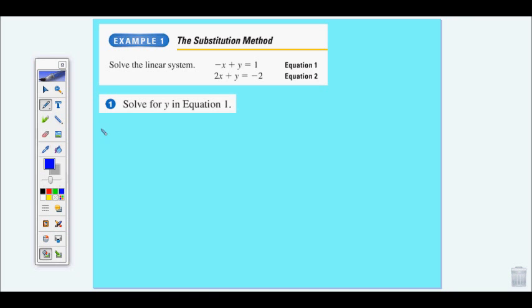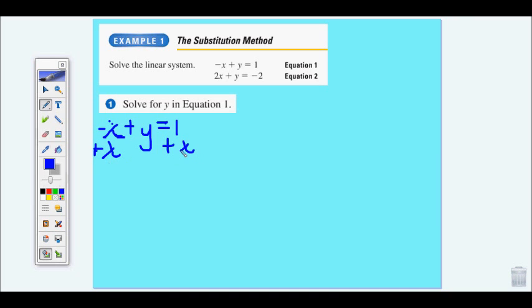I'm going to start out with my equation negative x plus y equals 1. I want to solve for a single y, so I'm going to add x to both sides.